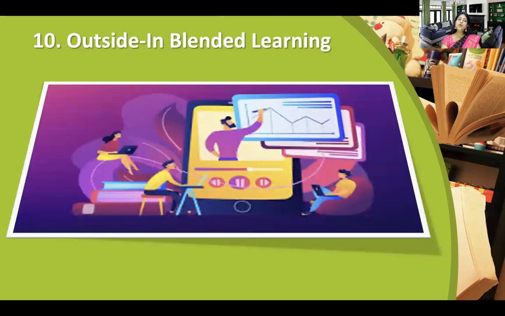Then comes the outside-in blended learning. In outside-in blended learning, experiences are planned to start in the non-academic physical and digital environments students use on a daily basis, but finish inside a classroom.